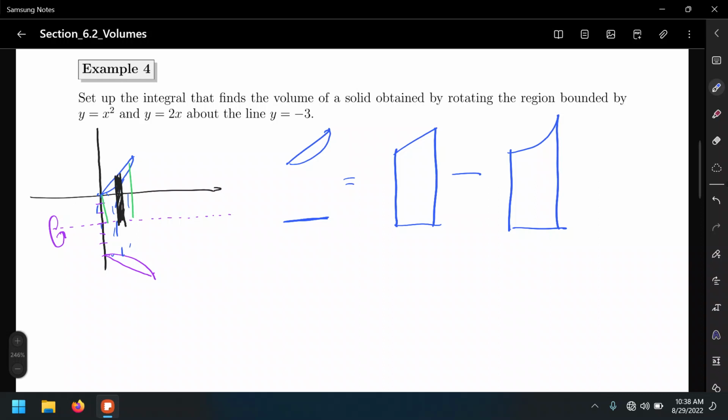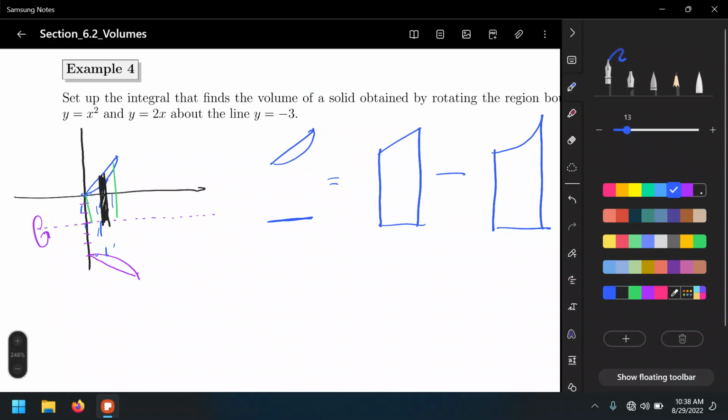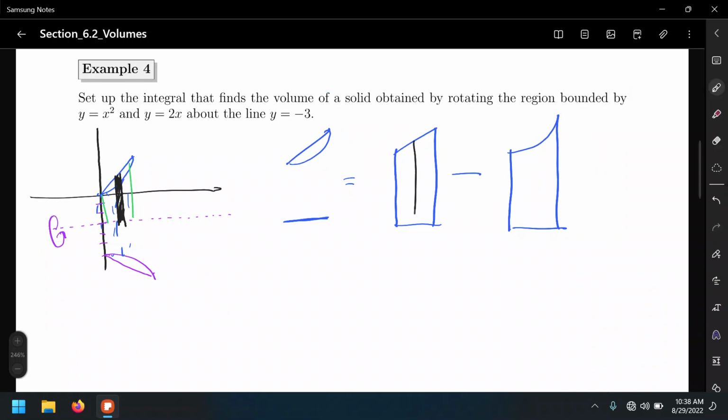Okay, now this is where we will define every single part right here again as a top minus bottom. So top minus bottom, and if you want to put symbols here, that's the outermost radius, big R, innermost radius, let's call it little r, and this is the line 2x, and this is the parabola x squared.